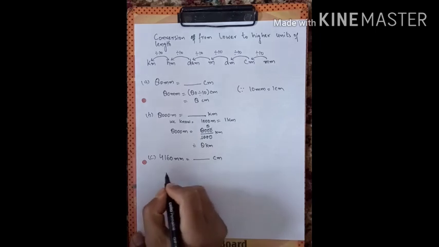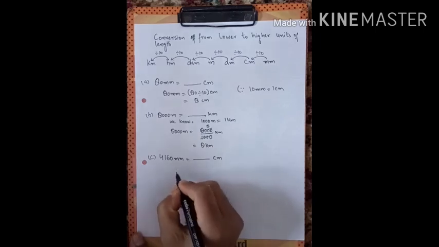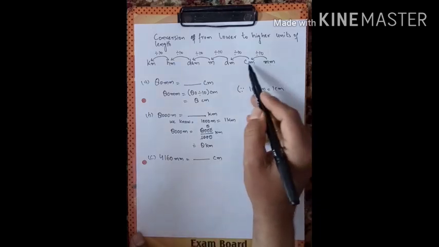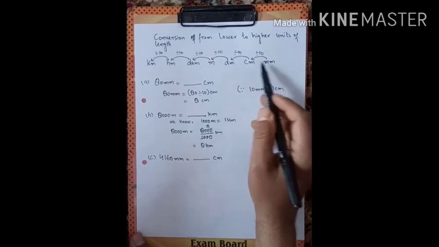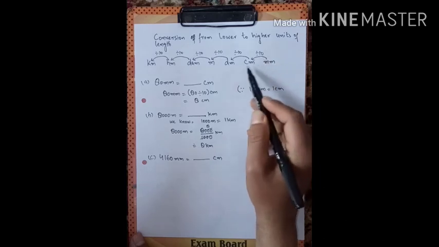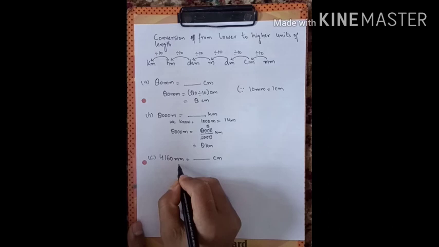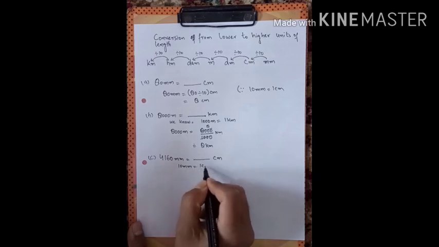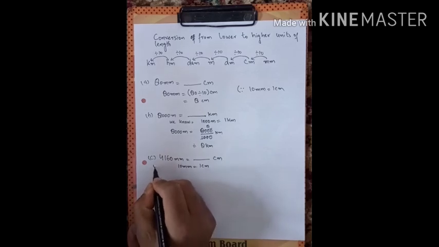So my first step is to make a relation between millimeter and centimeter. This is millimeter and this is centimeter. There is one step between millimeter and centimeter. So for one step we write here 10 millimeter is equal to 1 centimeter.